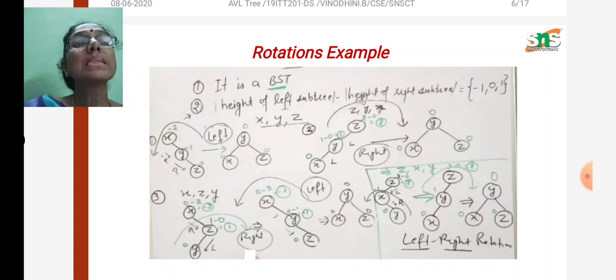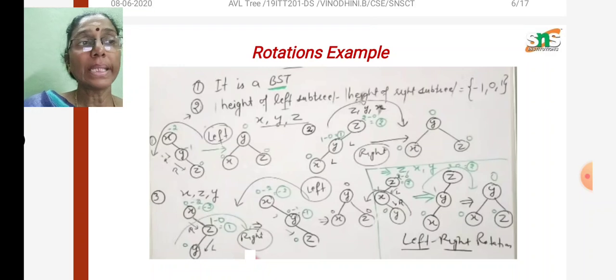Here we are inserting into the left subtree of the left child, so we do a single right rotation. For double rotations, for the order x, z, y, we insert into the right subtree of the left child. First we do the right rotation, then the left rotation. For any rotation, the middle element comes to the root, the lesser element is on the left-hand side, and the other element is on the right-hand side.